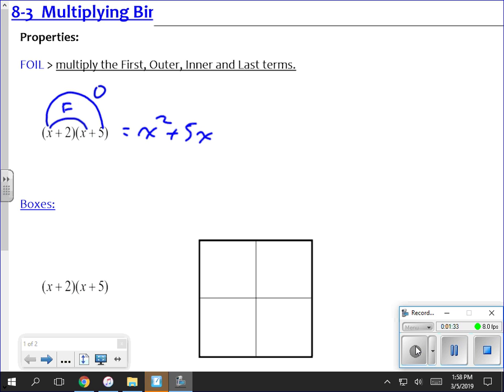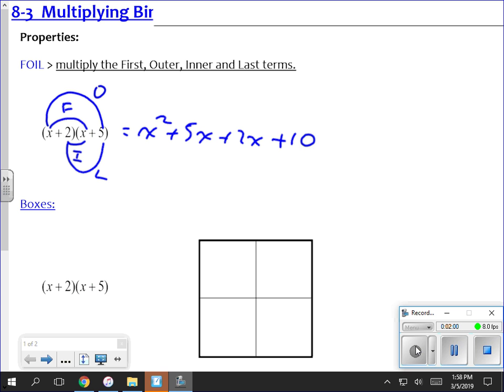Inner terms, those are these two terms in here. 2 times x, 2x. And then the last term in each one. F-O-I-L. First, outside, inside, last. 2 times 5 gives me 10. So I have multiplied everything there is.